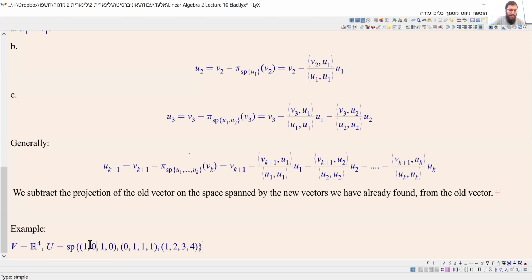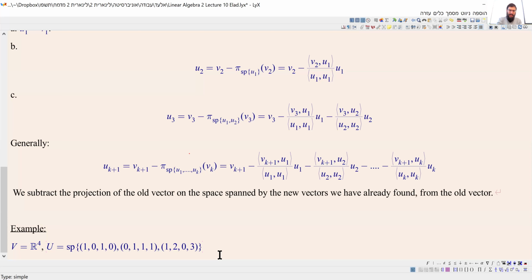Notice that in these two vectors, the second and the fourth coordinate should always be the same, so as long as we take different coordinates here, it should work. How can it be a basis if there are only three vectors in R4? It's a basis of a subspace, not of the space itself. Right.